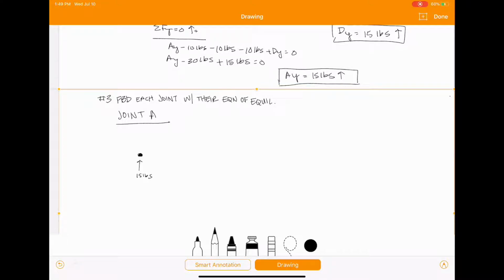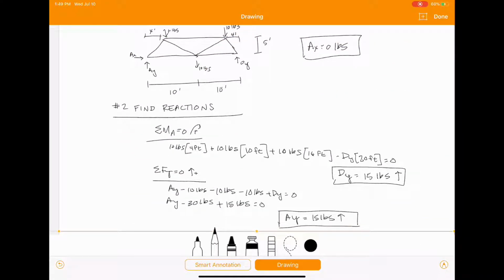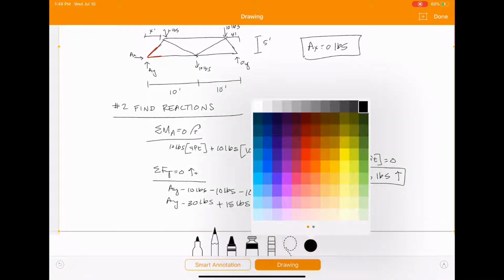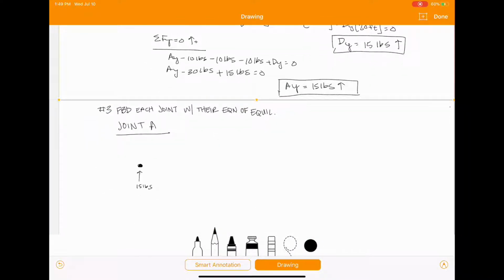And then we have, I'll highlight these for you, these two truss members that are attached at A. So the way we draw that is you want to draw those forces acting away from the joint, just like that. And when we draw those away like that, we're modeling those members as being in tension.